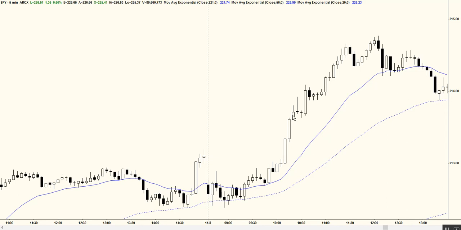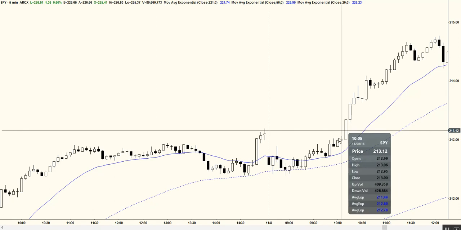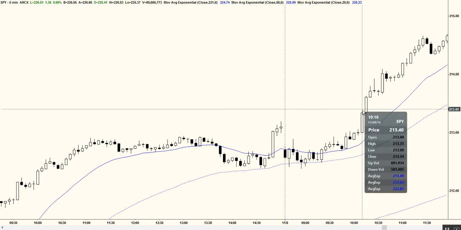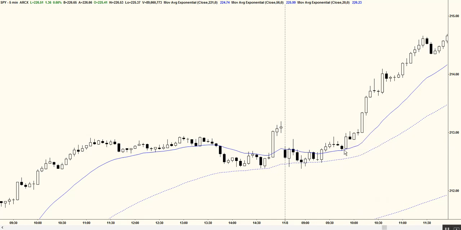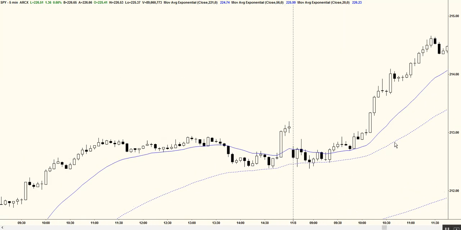But anyways, if I'm trading one E-mini contract, what do I do? Maybe I buy somewhere in here, put my stop down here. And the problem with just trading one contract is risk.